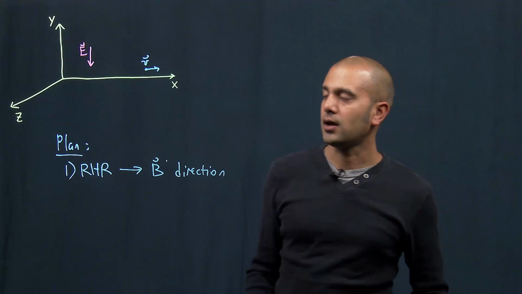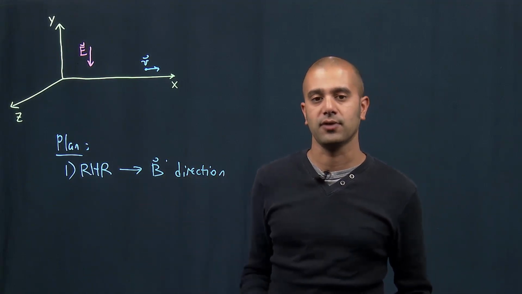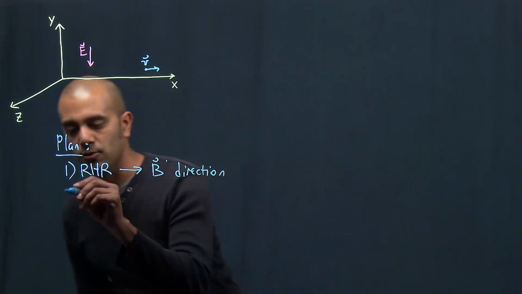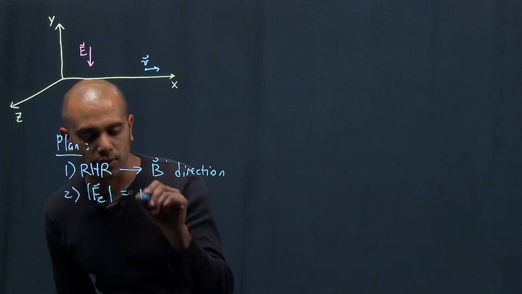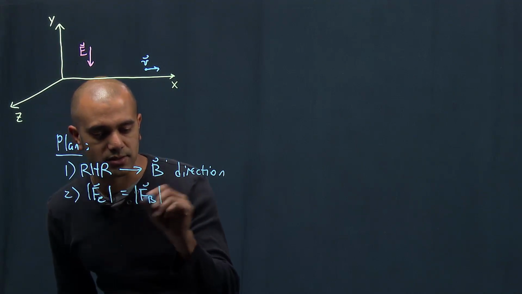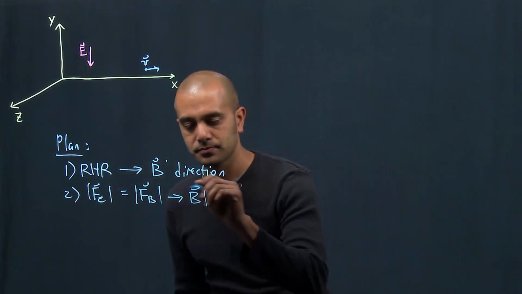All right, and so once we have that, we also know that the forces have to cancel out. So by setting them equal and opposite, we can find out the field. So the next part will be to set the magnitudes of the electric force and the magnetic force equal to one another. And then based on that, we can find the magnetic field magnitude itself.